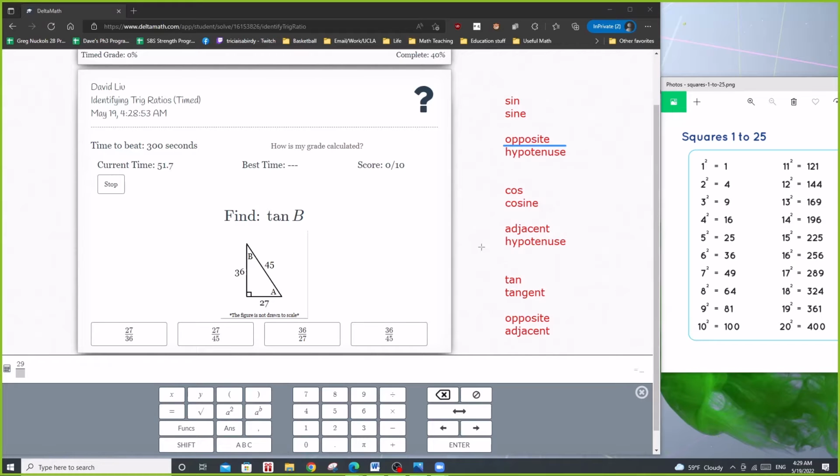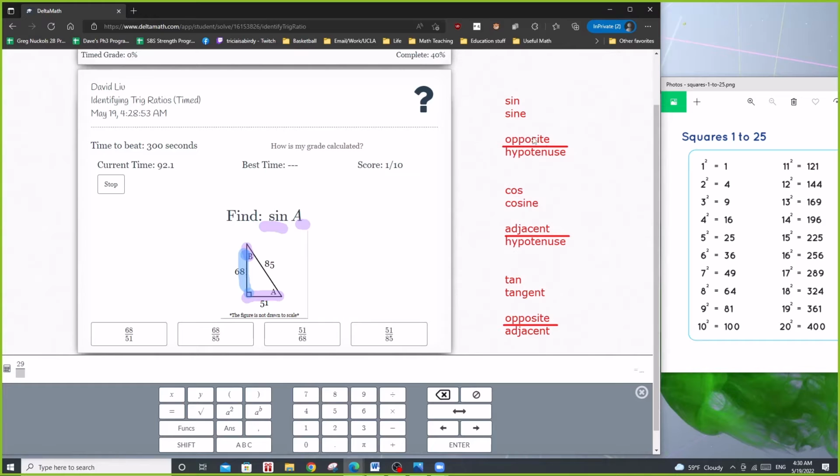So let's see how we use this, okay? So first we look at its tangent. and it's B. So we start at B, and we find the opposite, which is the side that's not touching B. Next we find the adjacent, which is the side that's between the right angle and B. So it's 27 over 36.